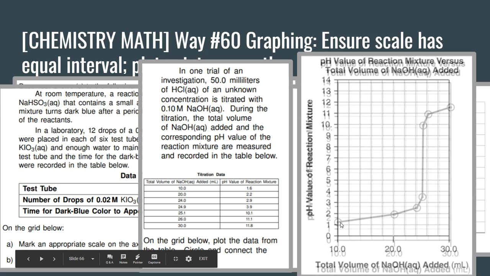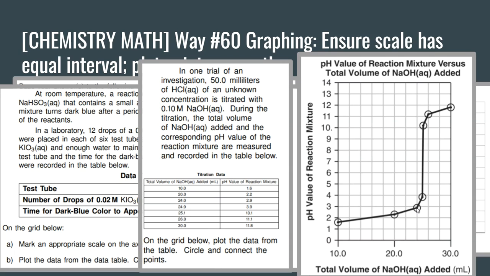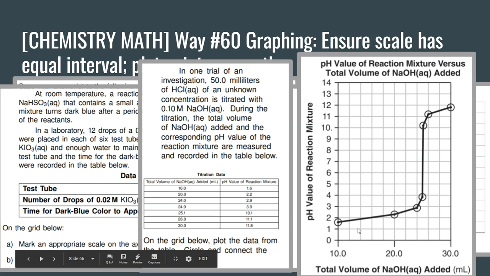So the first data point will be at 1.6. Then at 20, it corresponds to 2.2. At 24, and notice that this is counting by 2, so 22, 24, it's 2.9, which is closer to 3. And then when you plot all the points, you'll see that as the volume of NaOH is increasing, the pH, or the level of acidity, is decreasing.